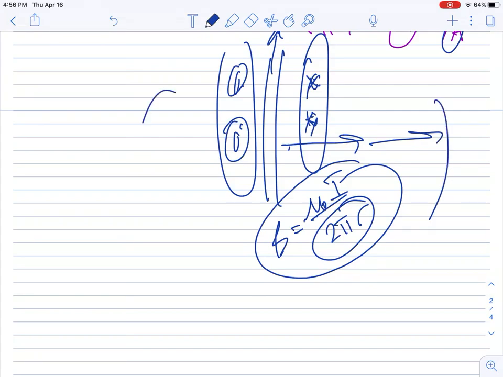Notice as the radius gets bigger and bigger, you get a bigger circumference, and that magnetic field strength becomes smaller and smaller. So this is a classic inverse relationship. Also notice that as your current becomes stronger, your magnetic field strength becomes stronger because you have more current going through there, creating more of a magnetic field around it. So it's inversely proportional to the radius, directly proportional to the current that goes through it.